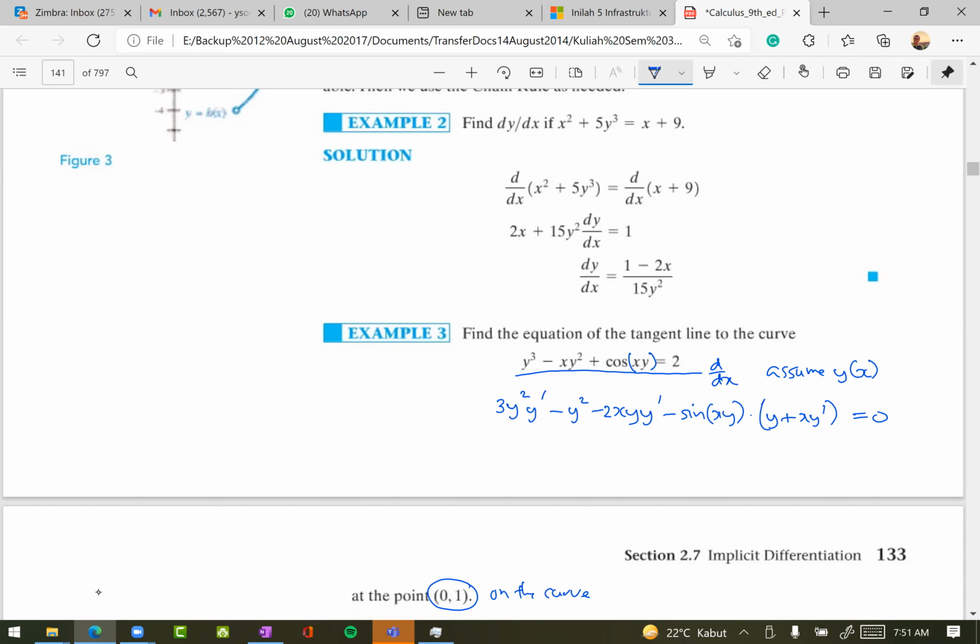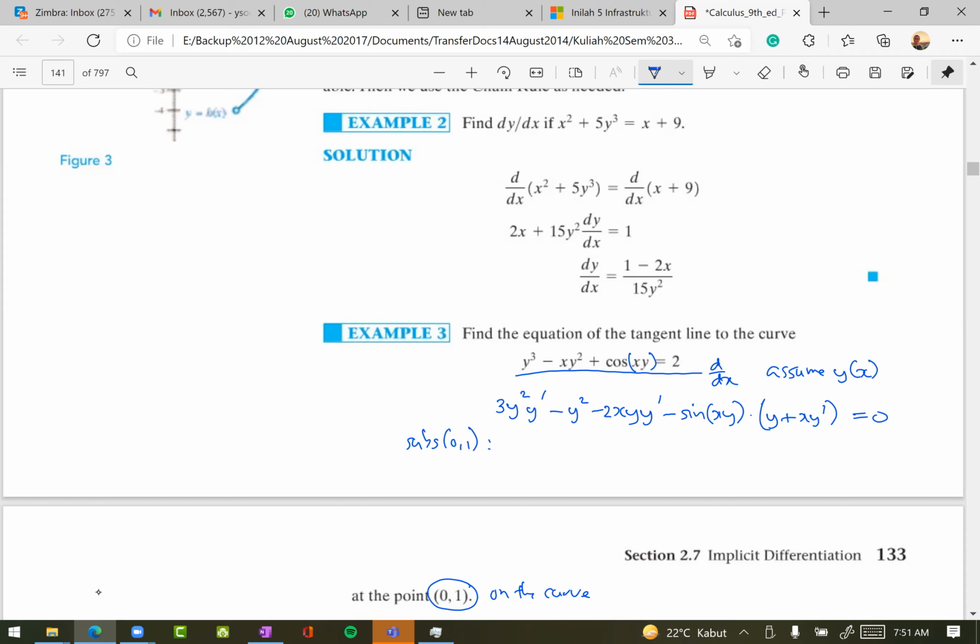Okay. So here now you substitute 0, 1. And you don't need to actually solve for y prime. Just plug in 0, 1. It's just one step to minimize the possibility of making errors.